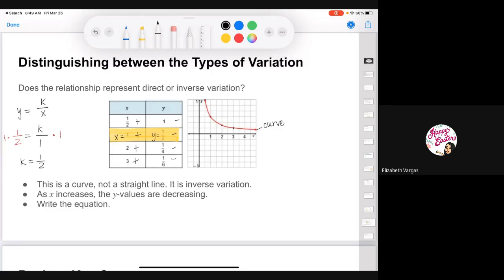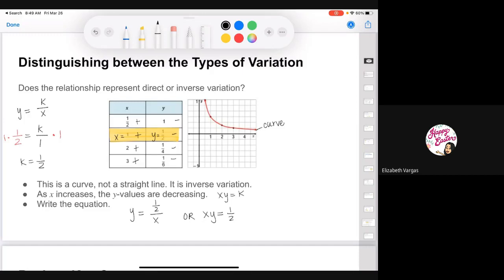Now I can just plug that back in. So y is equal to 1/2 over x, or if I wanted to write it in this form, that would just be x times y is equal to 1/2. Either one works, but that equation does represent the function that we see on top.